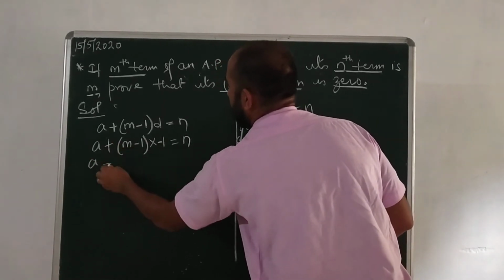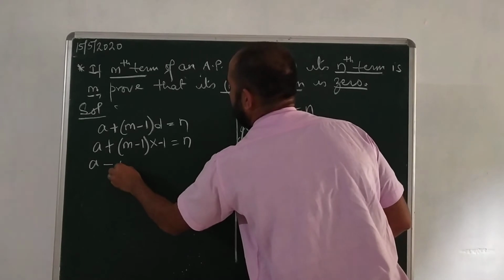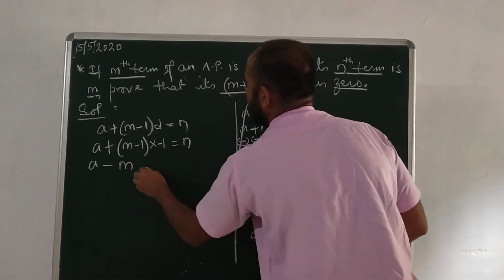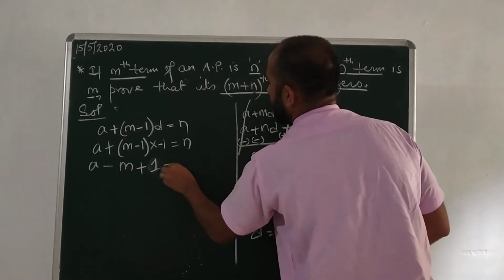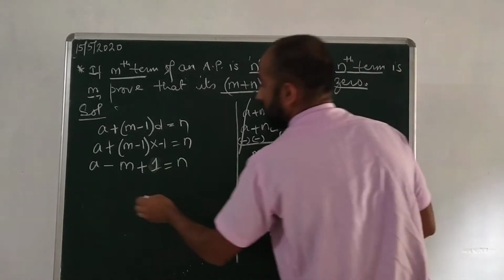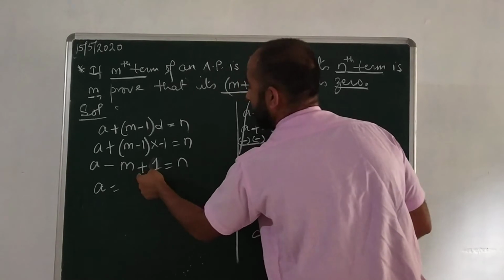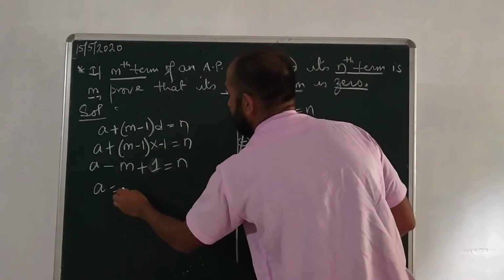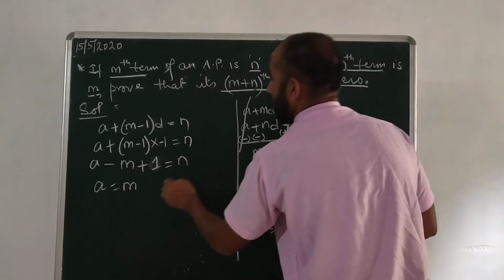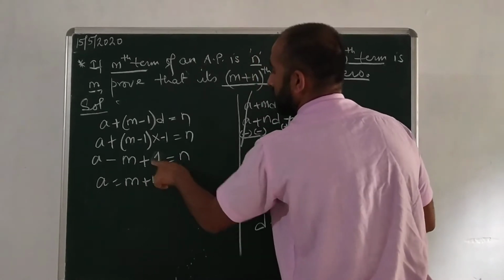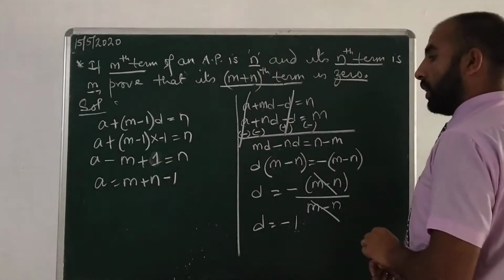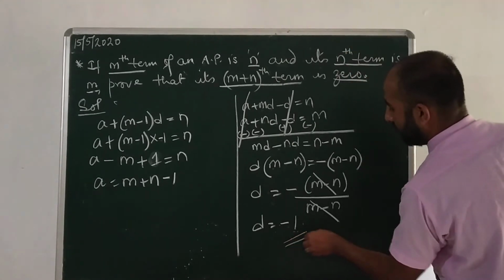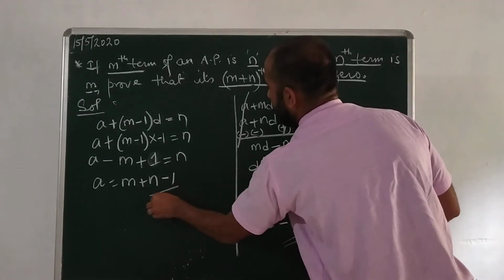Minus into plus, minus m, minus into minus, plus 1, equals n. So a equals, I'll bring this side, minus m becomes plus m, plus n is already there, and plus 1 becomes minus 1. Okay, so we got both the value of d and a.